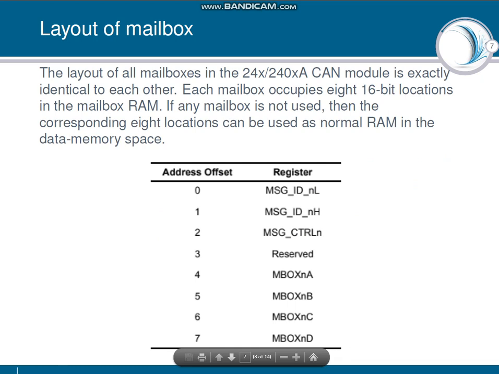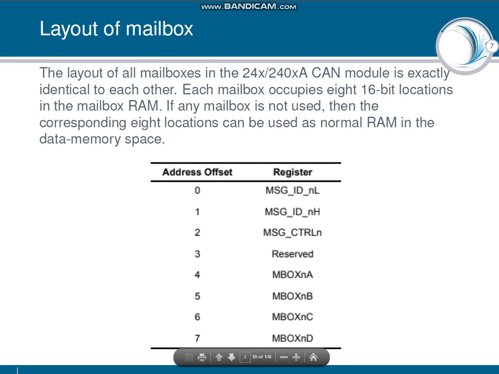Next, in MSGIDH, if an extended identifier is used, then the upper 13 bits of the extended identifier are stored in this register. If a standard identifier is used, the 11-bit identifier is stored. The MSGCTRL register has the data length code bits.